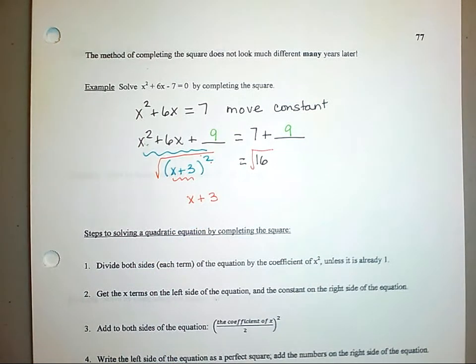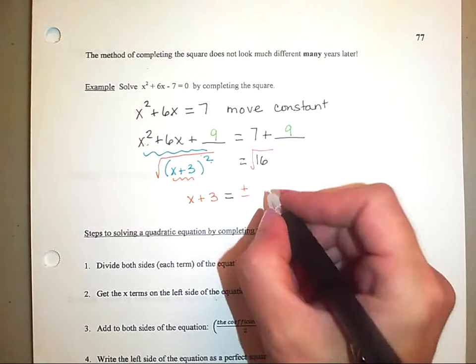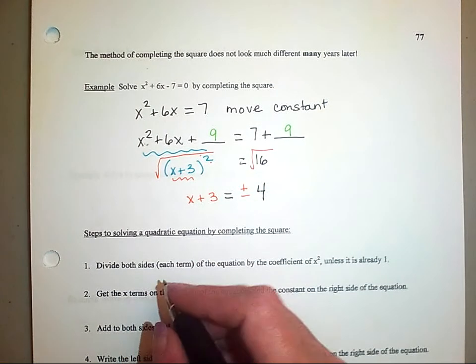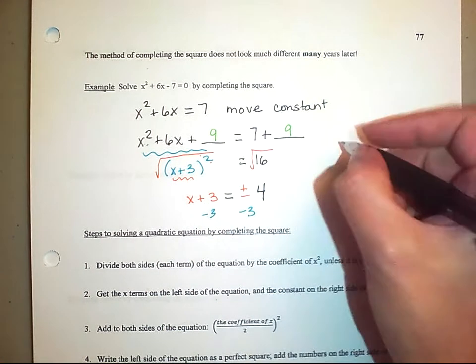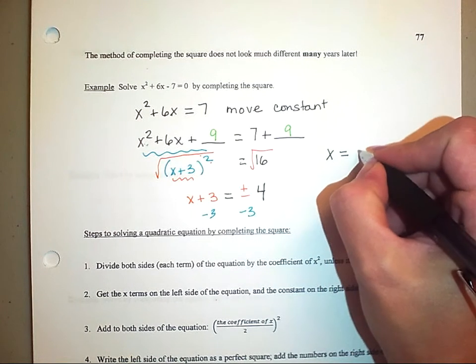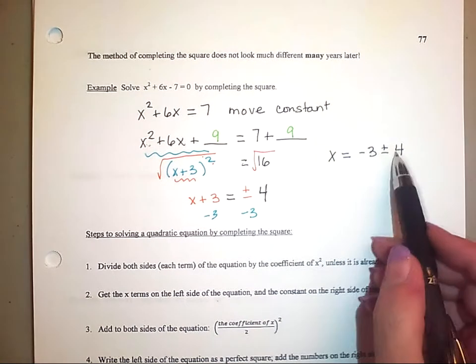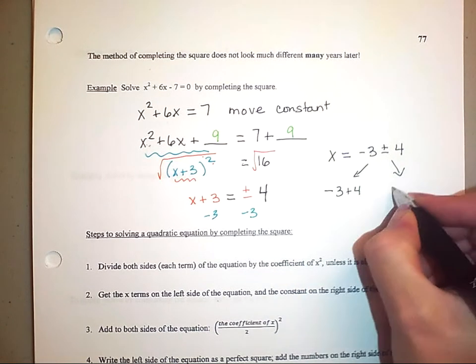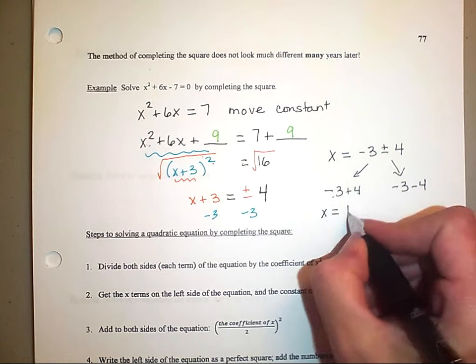And that will be equal to, and don't forget the plus or minus, the square root of 16, which is just 4. Now we can subtract 3 from both sides to get x is equal to negative 3 plus or minus 4. But remember, these can be combined because they're both integers, so it's either negative 3 plus 4 or negative 3 minus 4. So it's either that x is equal to positive 1 or x is equal to negative 7.